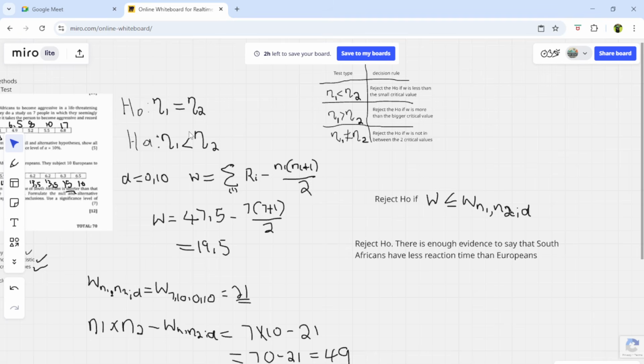Remember, that's what we're testing here. Since we reject the null hypothesis, it means we're not taking the null hypothesis. The alternative is the one that stands out. So we're going to say there is enough evidence to say that South Africans have less reaction time than Europeans.